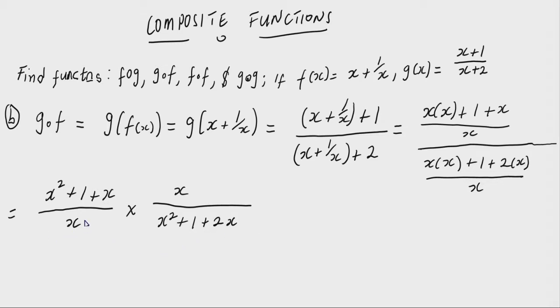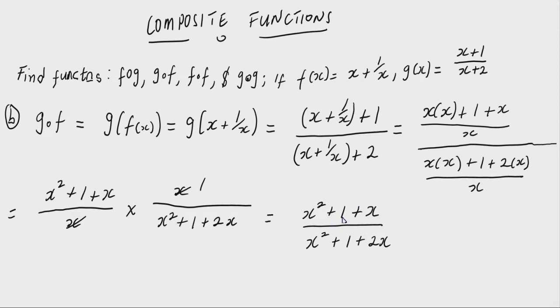Let's look at this. This would divide this here, so that would be 1. So multiply across, and we're going to have x squared plus 1 plus x divided by x squared plus 1 plus 2x.